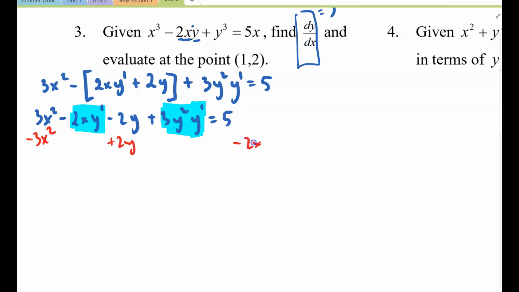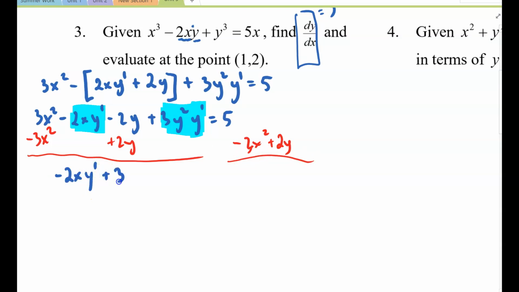So subtract 3x squared, add 2y, giving us negative 2x y prime plus 3y squared y prime is equal to 5 minus 3x squared plus 2y.